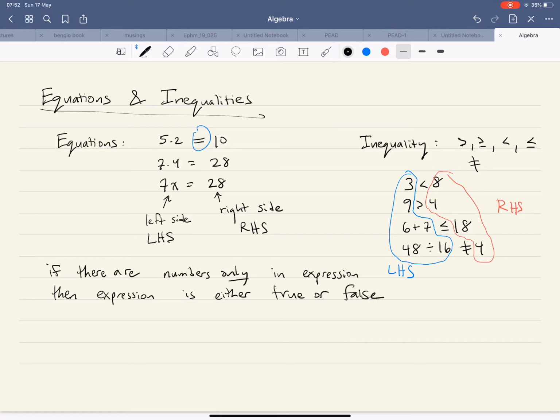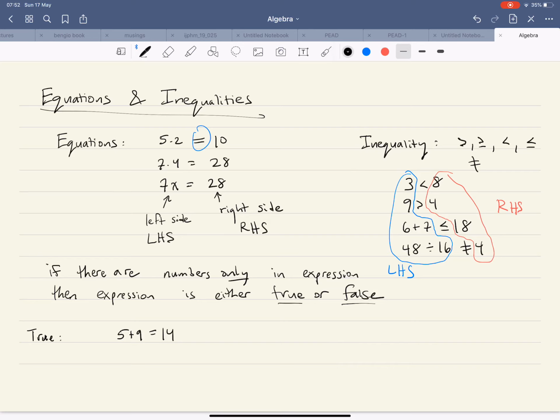Right? I could write down any expression that I want. So maybe I write 5 plus 9 equals 14. This happens to be true.